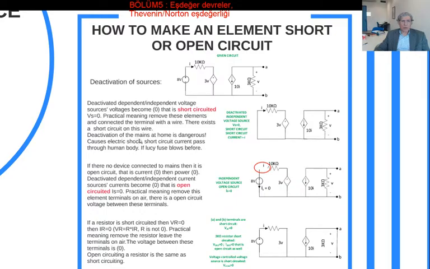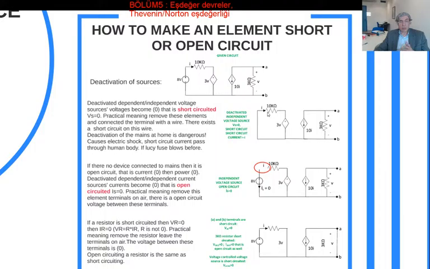Deactivation of the mains, the power source at home, is dangerous, we are saying. Deactivation means you're going to make the voltage of these elements zero. You're going to put a wire between two terminals. When you put that wire between the terminals, you are forcing the 220 volts independent source voltage to become zero.